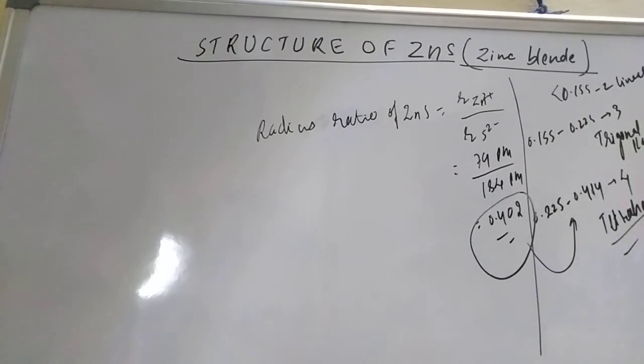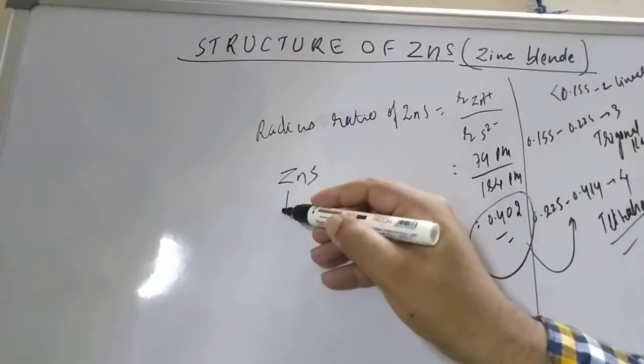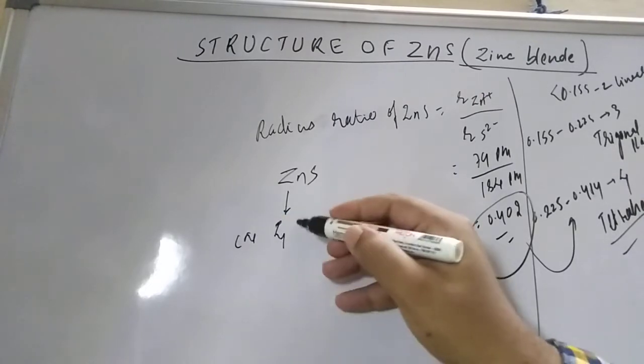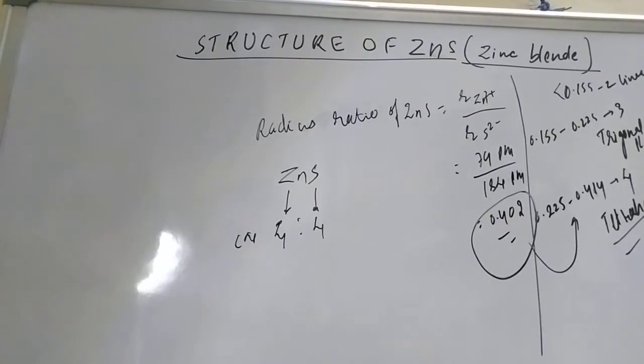So what would be the geometry and coordination? Here in ZnS the coordination number is 4, and for S also it will be 4, so the ratio is 4:4.